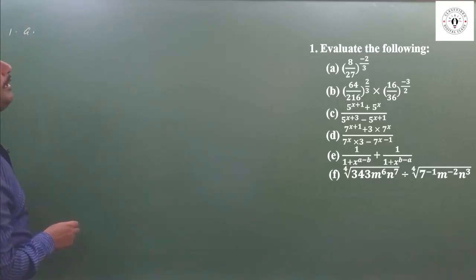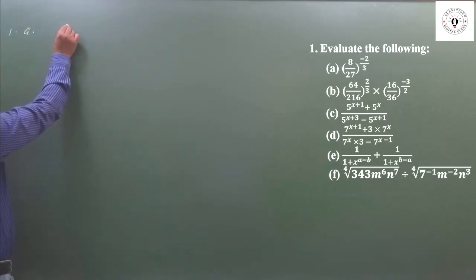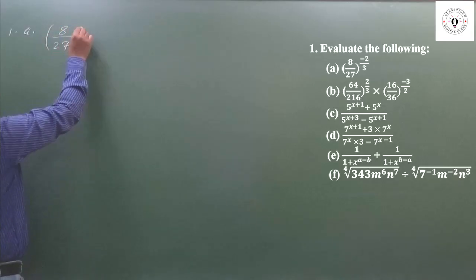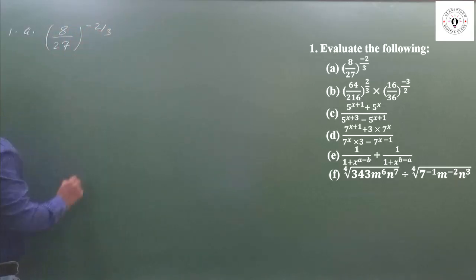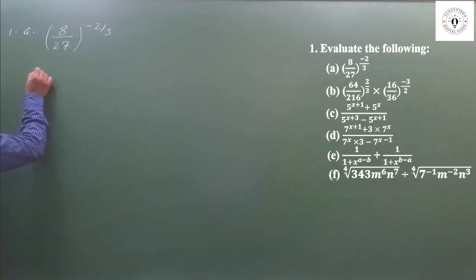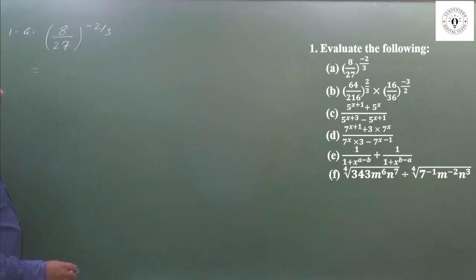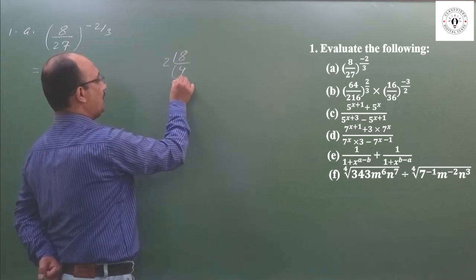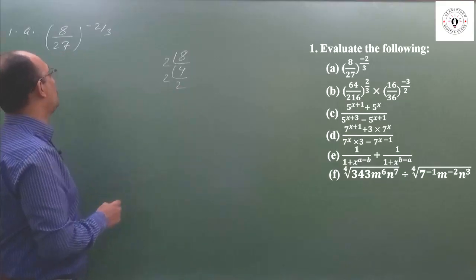What is 1a? 8 upon 27 whole to the power minus 2 by 3. How can you simplify this or how can you evaluate this? Firstly, reduce it to the lowest base. For 8, what will be the lowest base? 8 can be written as 2 cube, because if you factorize 8, then 2 4s are 8, 2 2s are 4, 2 cube.